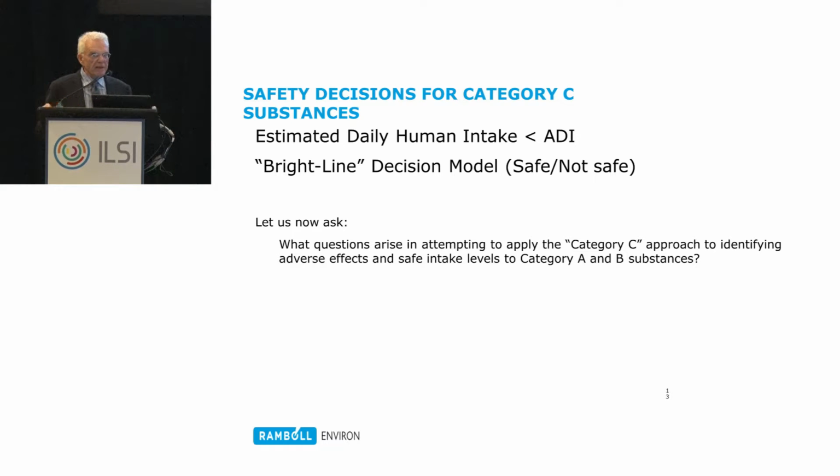And if the estimated daily human intake falls below the ADI, we say the substance is safe. If it doesn't, we can act to remove it. It's a very simple model, and it's one that's been around and worked pretty well for a long time. What I call a bright line decision model: safe, not safe. And it's that simple. So now let's ask the question, what problems might arise as we attempt to move into these other categories of food substances with this model?